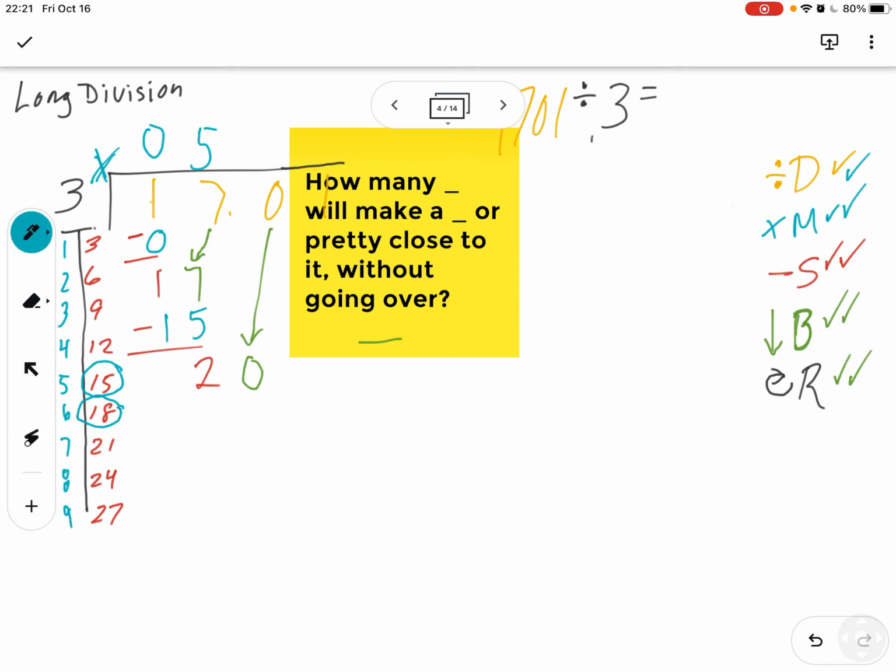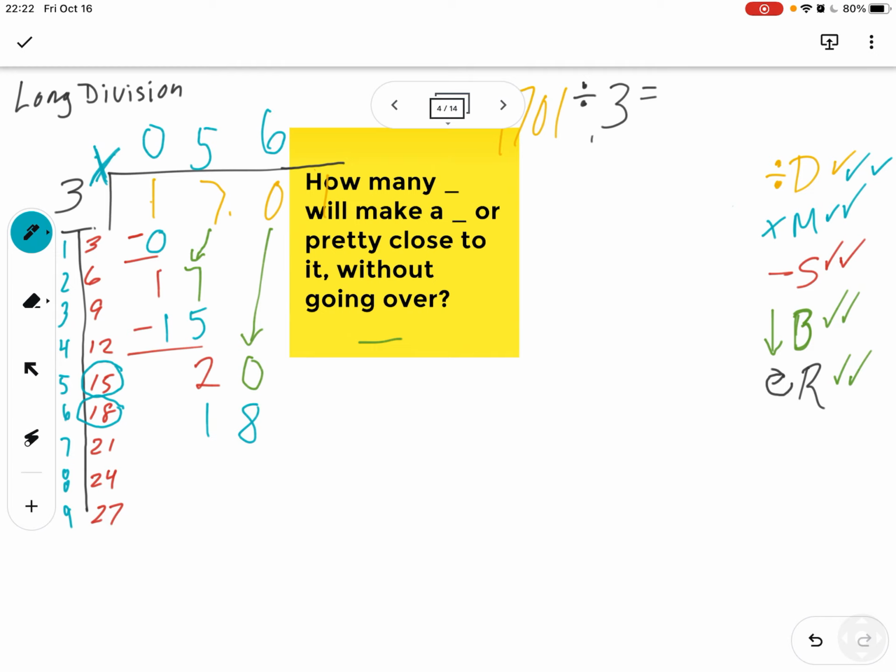So 18 is going to be the number that I'm looking for. So 3 times 6 is going to equal 18.